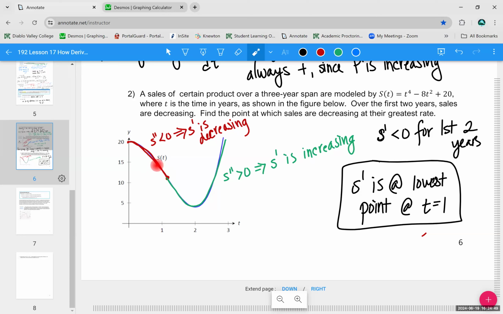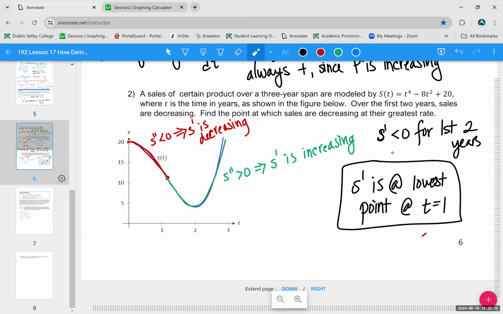Then at this point, the second derivative is positive, which means that the first derivative is increasing. The first derivative is still negative, but it's becoming less negative. So if it was negative 10 here, now it's negative 8, negative 6, negative 1, until it finally turns around and becomes positive.